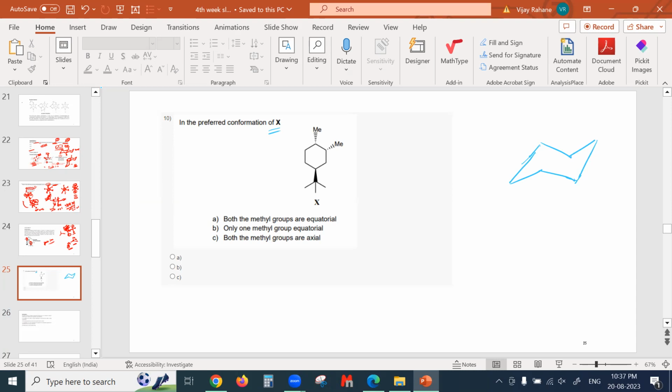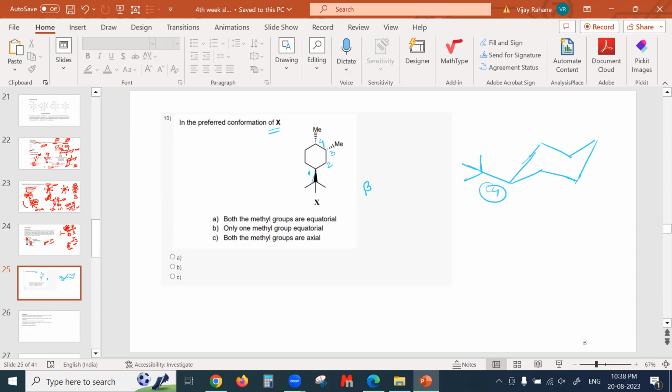And I'll just give the numbering for our understanding: 1, 2, 3, and 4. So I will draw the C4, and here you can see the tert-butyl group directing upward. This is the beta side, the upper side. So this is the C4 carbon atom, and the tert-butyl group is directing upward.